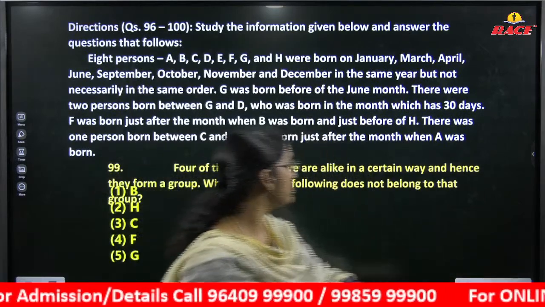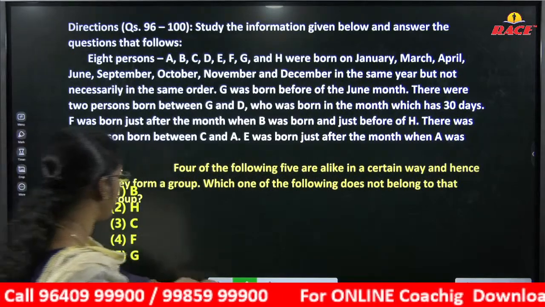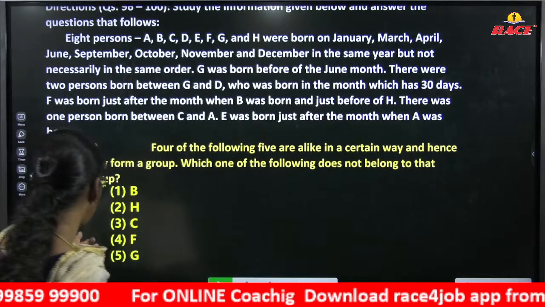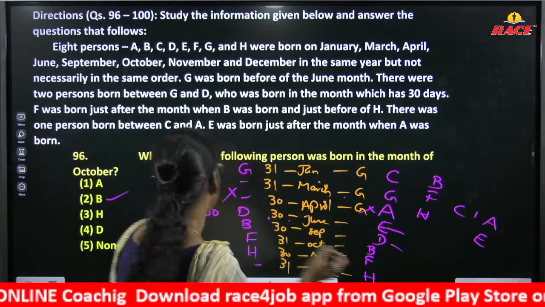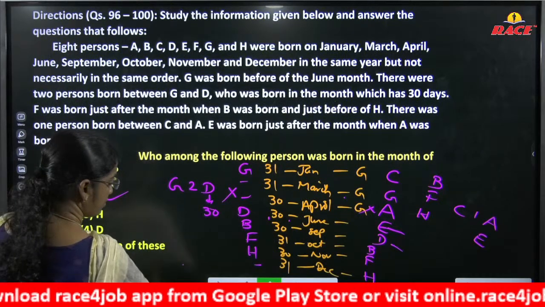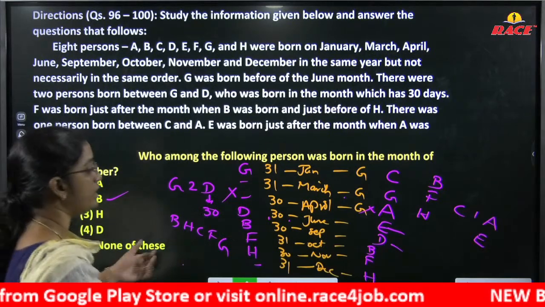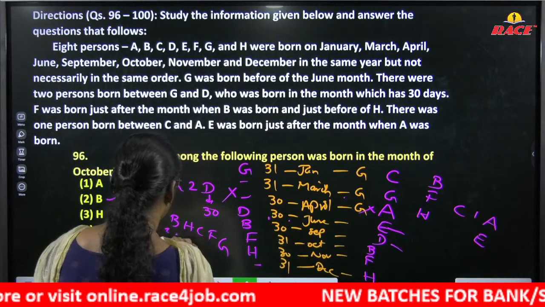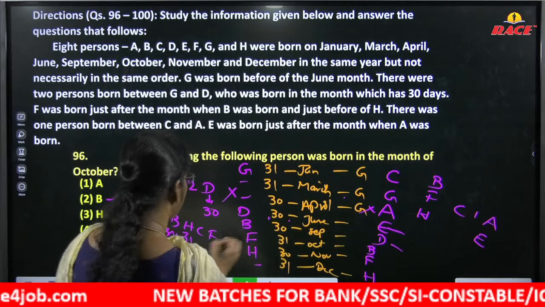Next question: four of the following five are alike in a certain way. Here also we have an odd one out. B, H, C, F, G. Observe here: B is in a month of 31 days, H also 31 days, and C also 31 days.